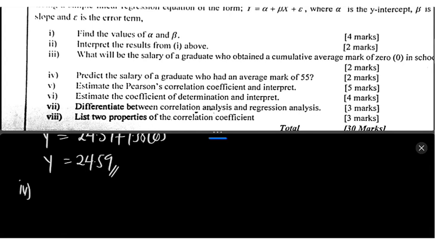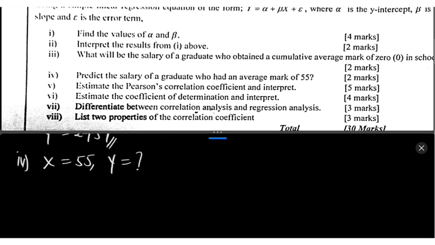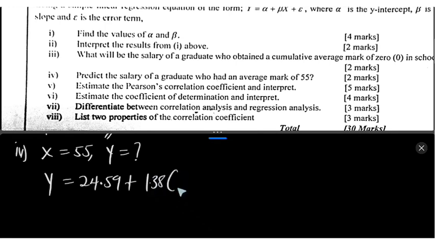Alright? So IV, we are asked to predict the salary of a graduate who had an average mark of 55. So that will follow the same trend as that of the III. So that's going to be at x equal to 55. What will be the value of y? So we apply our equation. y is going to give us 24.59 plus 1.38 multiplied by 55.